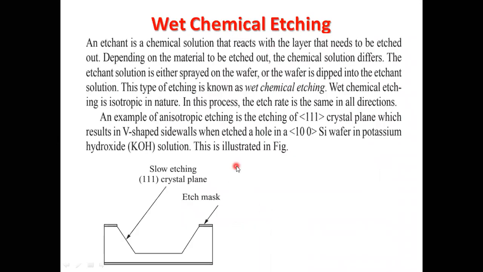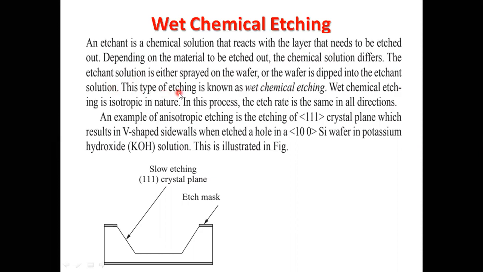Next is the wet chemical etching. Now you see here that an etchant is a chemical solution that reacts with the layer that needs to be etched out. Depending on the material to be etched out, the chemical solution differs. The etchant solution is either sprayed on the wafer or the wafer is dipped into the etchant solution.